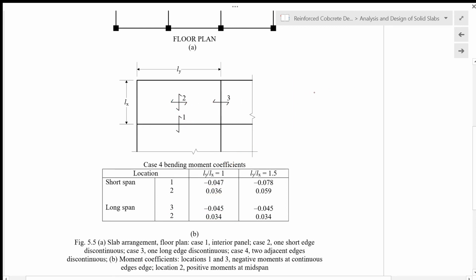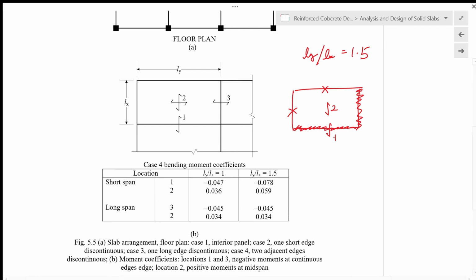And then if we have a rectangular slab like this, with supports over here and over here that are continuous, and this continuous over there, in this case Ly over Lx is equal to 1.5. For the short span direction, the moment for location 2 and the moment for location 1 will be determined from table 3.14 using Ly over Lx equals 1.5.